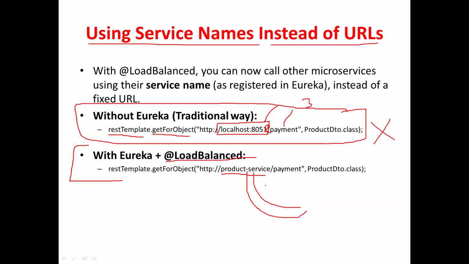Out of the three, it will pick one instance, whichever service is available. That is about the load balancer, the meaning of client side load balancing here. If you are running five, it will choose one instance to send your request and get the response. That is the meaning of load balancing for your application.